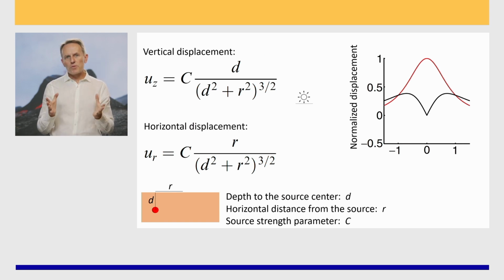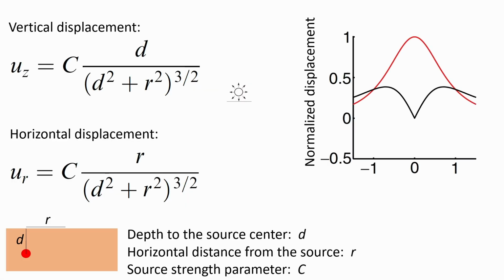Under these assumptions, the mathematical equations describing the behavior of an elastic material are solved by applying a pressure change at the boundary of the spherical source. No forces are applied on the surface of the half-space, so it is free to deform in response to the subsurface processes. 4 parameters are needed to fully describe the model behavior.